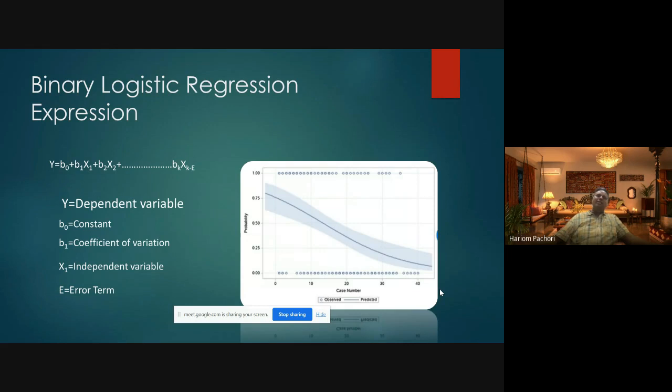Y is the dependent variable, beta naught is the constant or intercept, beta 1 is the coefficient, x1 is the independent variable, and e is the error term. Here you can see the case number and probability, observed value and predicted value.